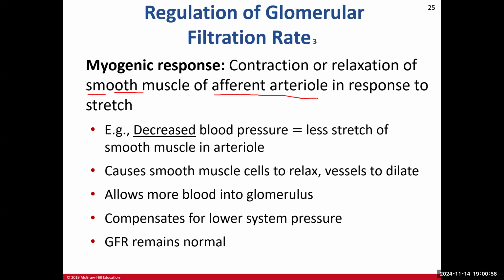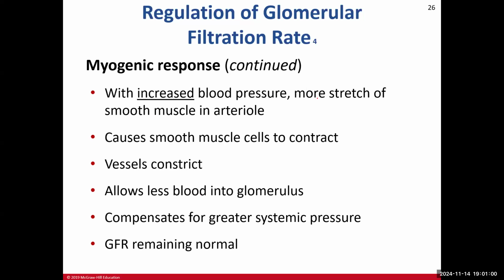So now let's talk about the other. Come on, there we go. What happens when we have an increase in blood pressure? Really salty meal or something. Okay, so your blood pressure increases. That means you're going to see more of a stretch on the blood vessel walls.